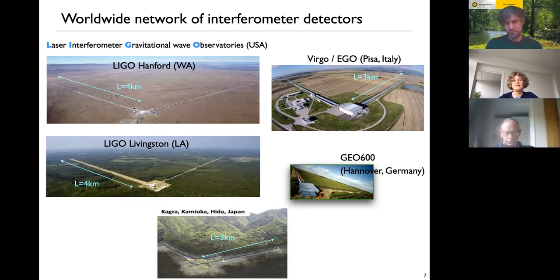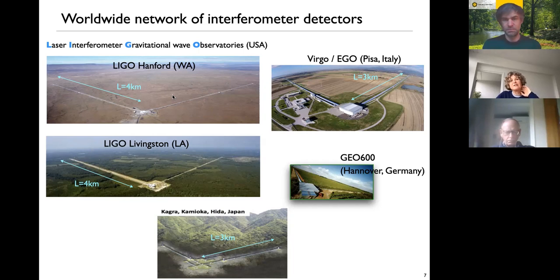The other one is in Louisiana, in the south, kind of east of the US. There's also a detector in Italy, near Pisa, called the Virgo detector, and a detector in Japan in the Kamioka mine, which is called KAGRA. And then there's also a small detector in Germany, but the bigger instruments are the LIGO, Virgo, and KAGRA ones.